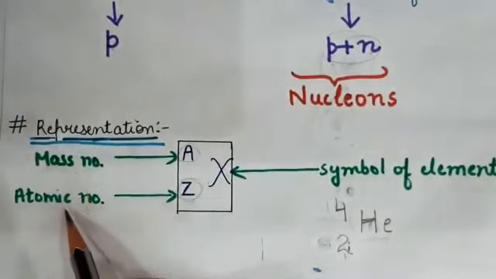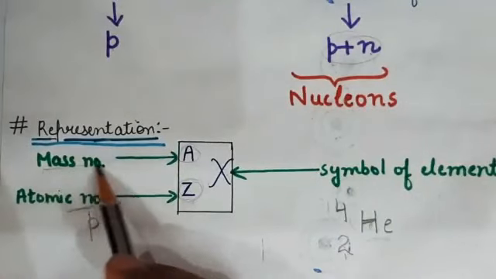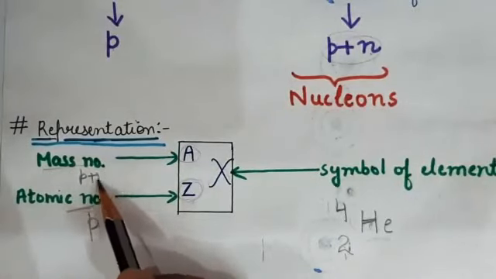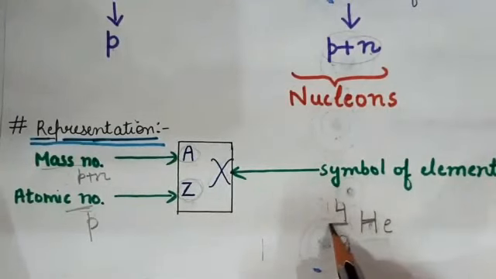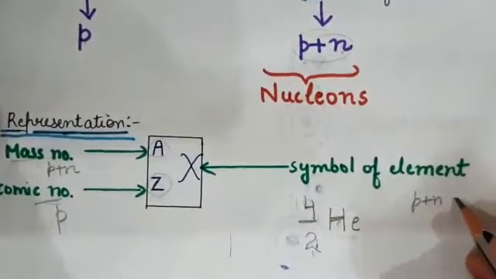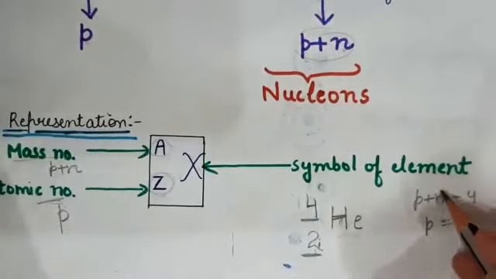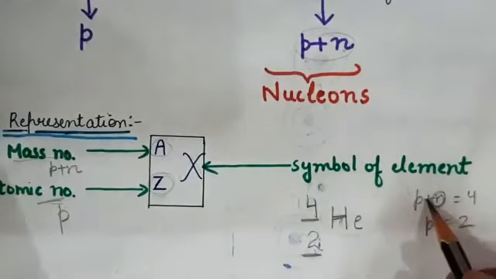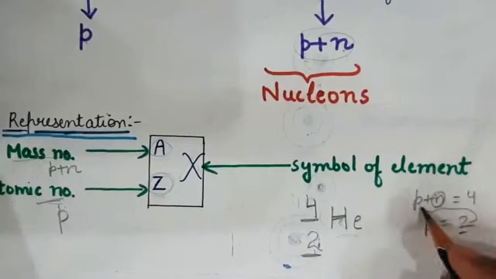Now you know that atomic number is the number of protons and mass number is protons plus neutrons. So in this case, you know proton plus neutron is 4, and you know proton is 2. So you can calculate the neutrons. Proton is 2. So substitute here in this equation.